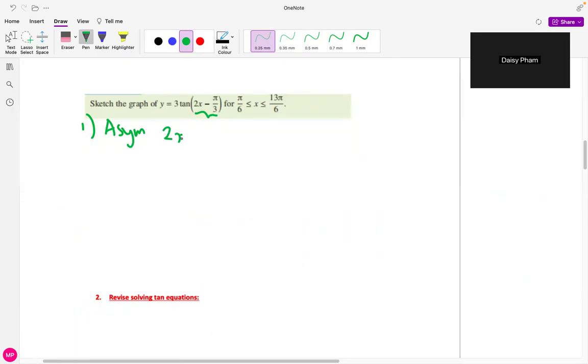So we have 2x minus π/3 equal π/2. And then we solve for x from here. So we plus π/3, 2x equal π/2 plus π/3. Make them the same denominator. You get 5π/6. And then get rid of the 2, divide by 2 on the other side. So multiply by 1/2 here. So you get x equal 5π/12.